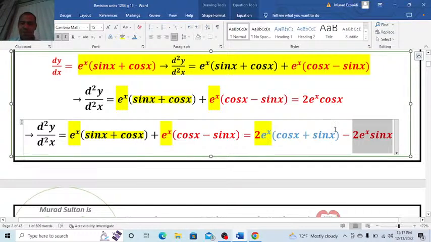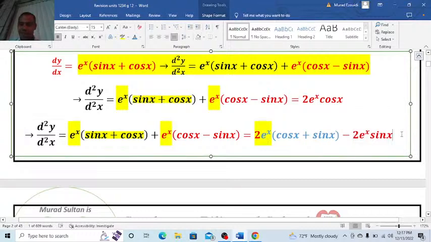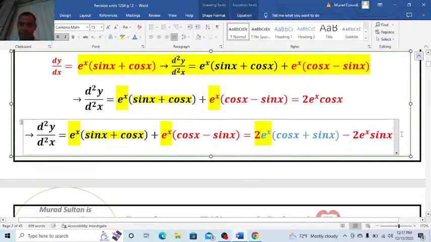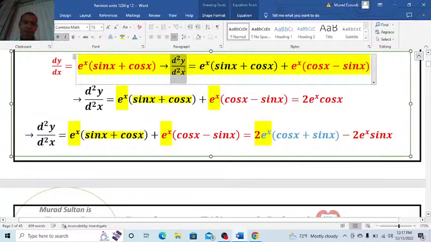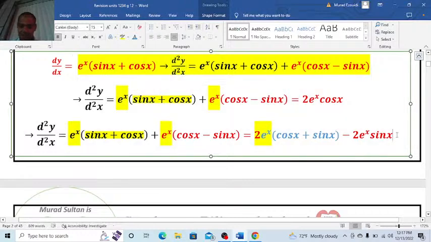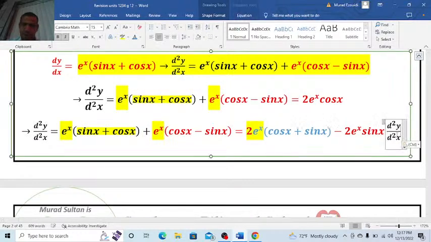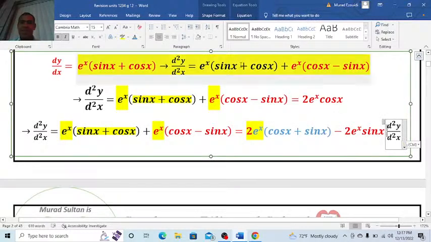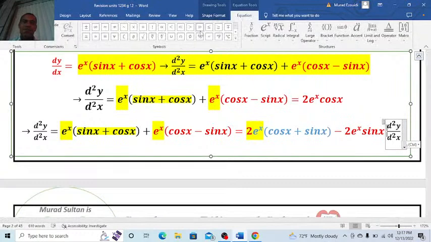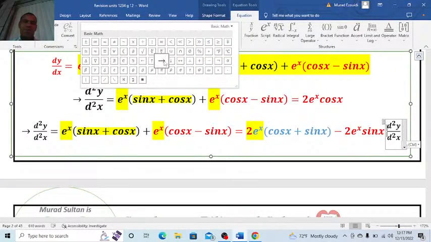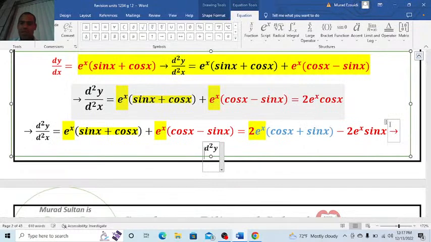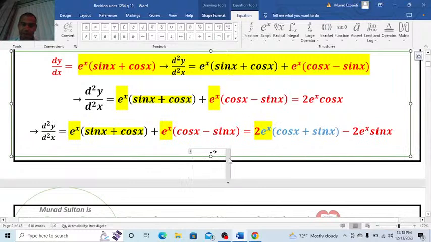Therefore, my learners, this will give us dy with respect to x. I will make enter for this, then extend that.